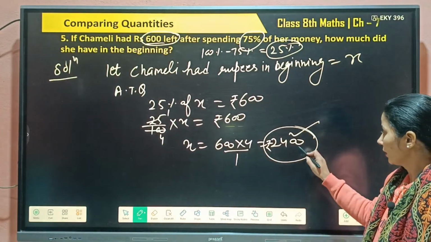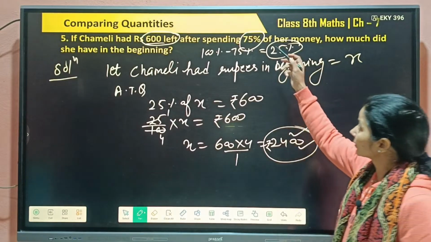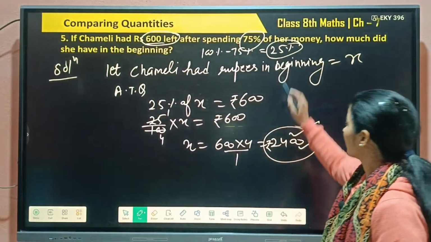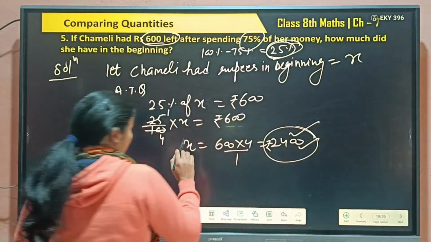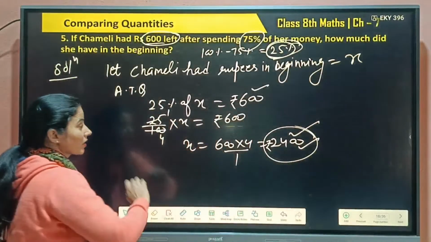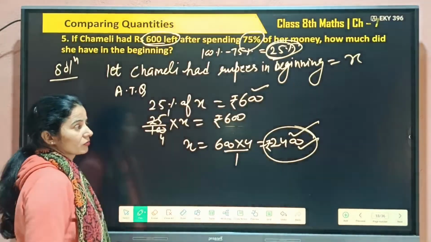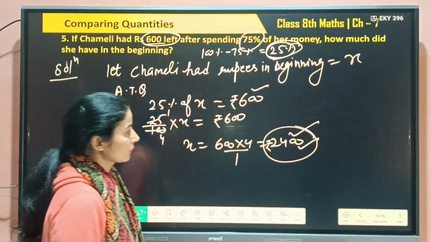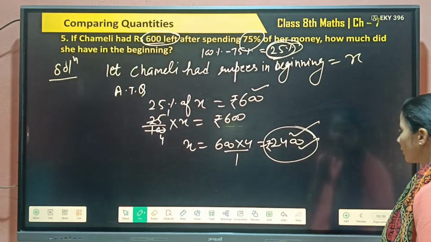She spent 75% of this 2400, and after spending, she was left with 25%, which in rupees is 600. So 25% of this x will be 600, and for this x you will get 2400. So in the beginning she had 2400 rupees.